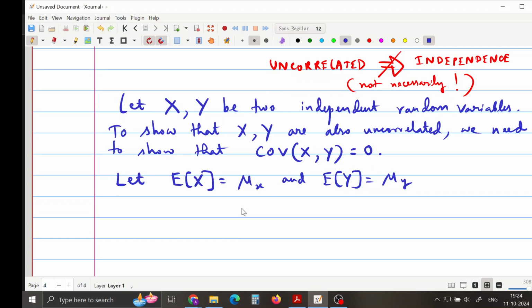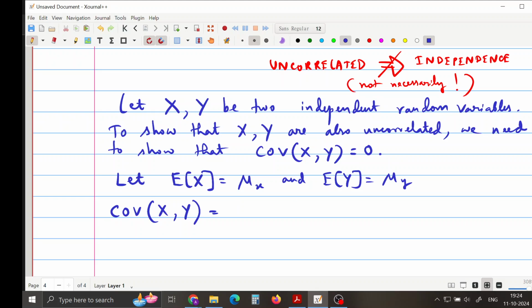I'm using a simpler notation. Instead of always writing expectation of x, expectation of y, I'll use mu x, mu y. So what is covariance of x and y? We need to show that this is equal to 0. So now we are talking about random variables. We are no longer talking about random vectors.